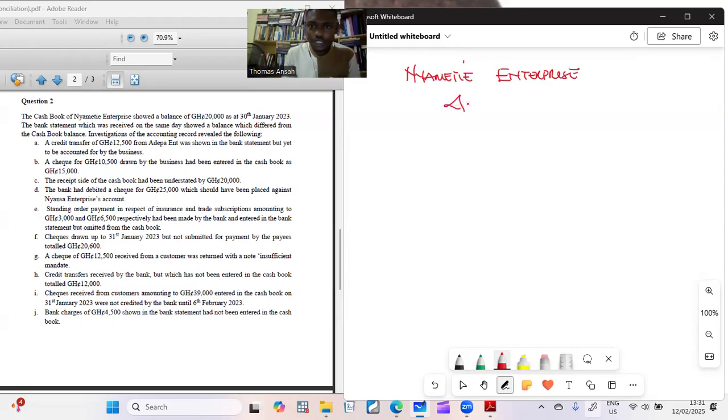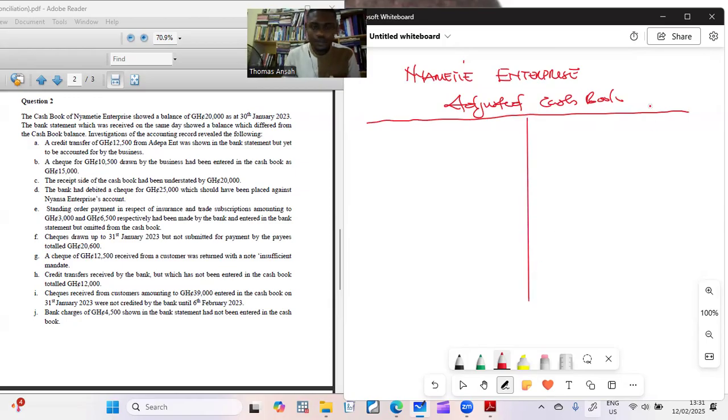So we have the adjusted cash book. Put in your CD sign.